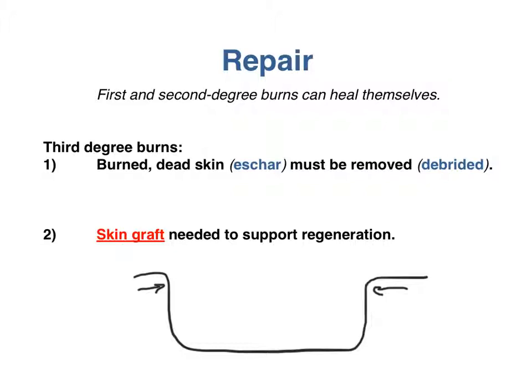But if you take a skin graft, what you do is you take a kind of lattice work of skin from a healthy area of the body and you transplant it over the burned area so that instead of having one big wound, you now have a series of smaller wounds, and you can have living cells populating and filling in the wound from the graft tissue as well as from the edges of the tissue that was originally there. So a skin graft turns basically one giant wound into a series of smaller wounds that can be more easily repaired through the regenerative processes.